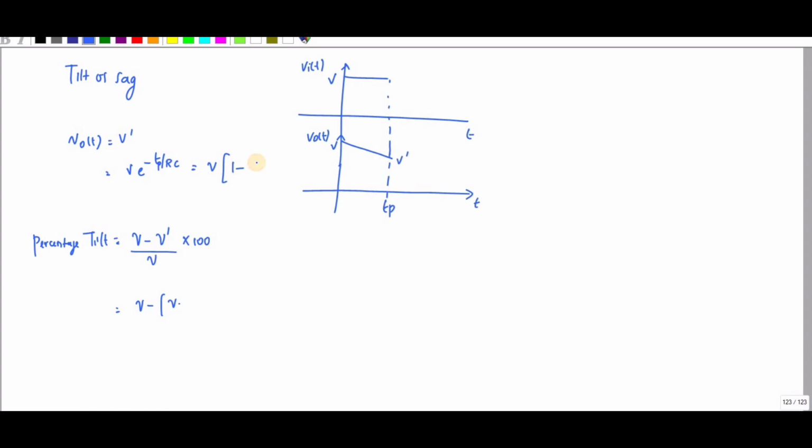I can write this as V of 1 minus e power minus Tp divided by RC, and it will go on, right?